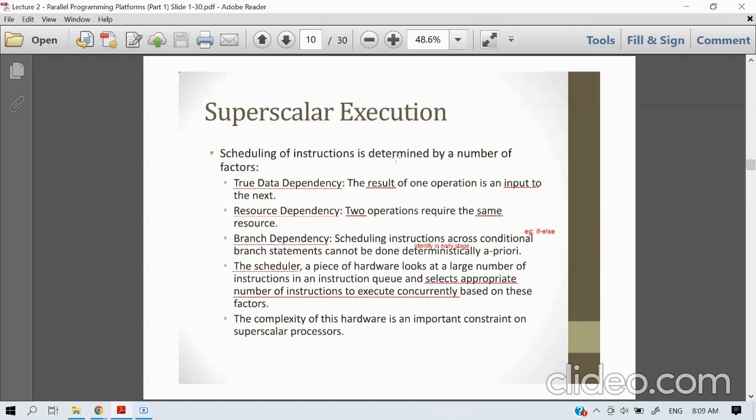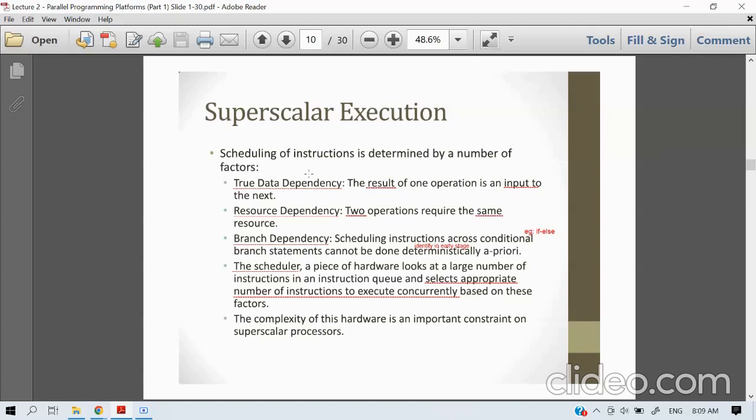Alright, let's proceed to the next one. Superscalar execution: scheduling of instructions is determined by a number of factors. When we want to make a schedule for the instructions to be executed, we need to consider several factors. The first factor is data dependencies. What is meant by this? The result of one operation is an input to the next.